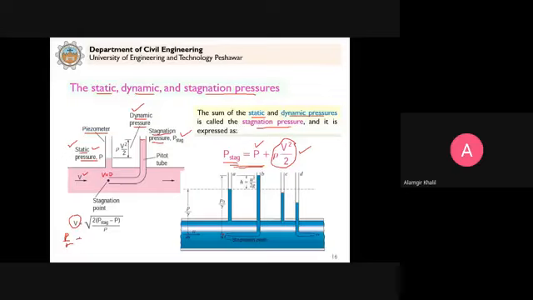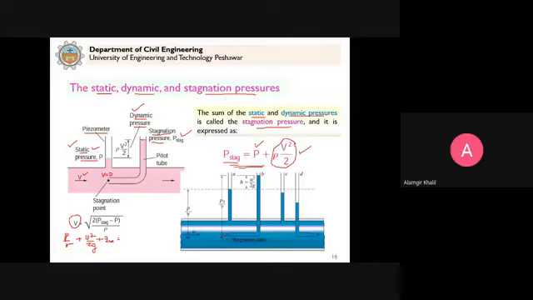Then we have U. Since the liquid is moving with a velocity U here, it is undisturbed. So that's why we can say this is equal to U square divided by 2g. Then we have Z at that point. So let's say we have Zm, the three forms of energy that we consider.